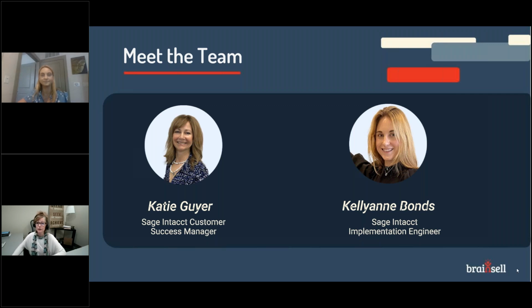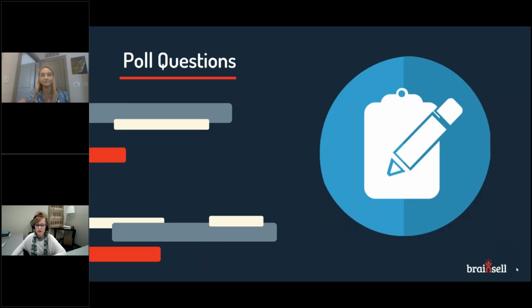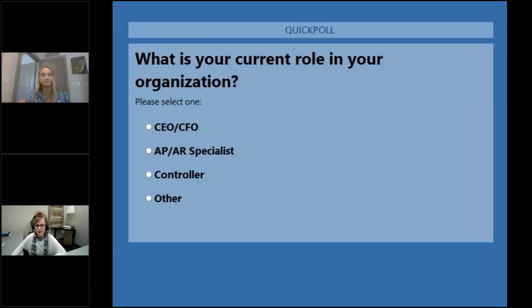So let's just kick it off really quickly with some poll questions. And Karsten Pollard, our marketing, will launch that. So what is your current role in your organization? As you can see, CEO, CFO, AP, AR specialist, controller, or other.